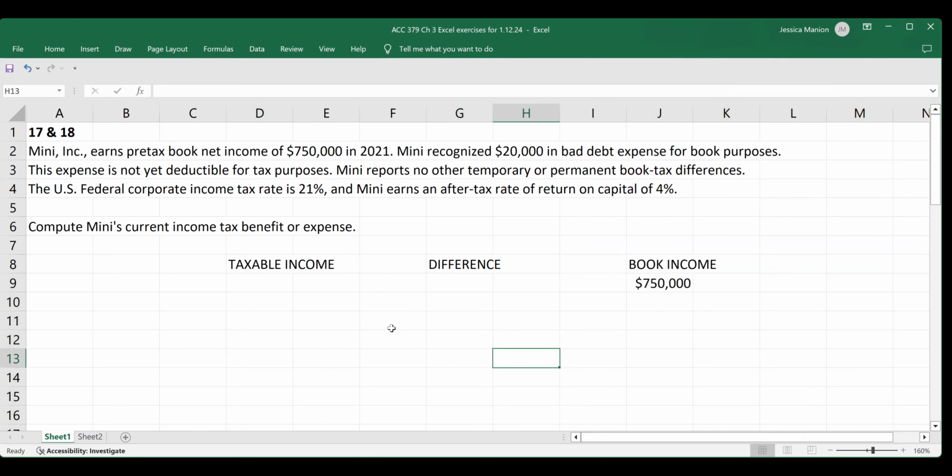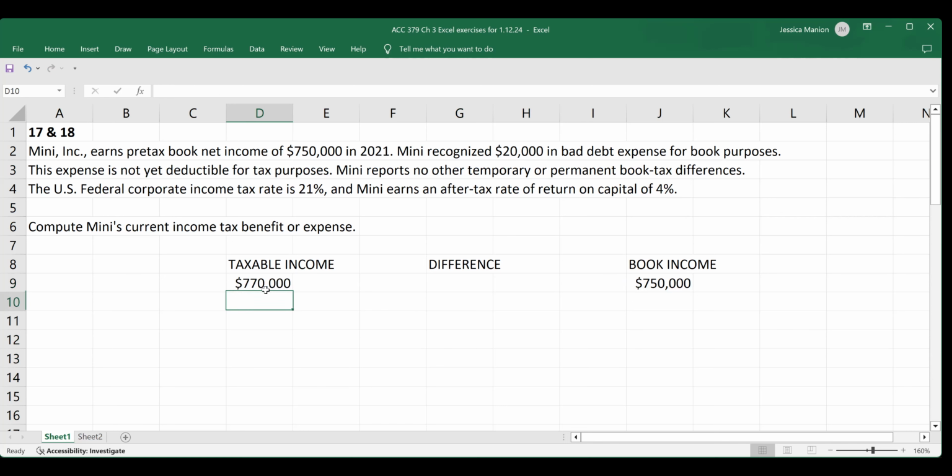And so that book income is after we recognized 20,000 in bad debt expense. Remember, when our expenses go up, our income goes down, right? So this expense is not deductible for tax purposes yet, which means our taxable income equals not only the 750,000 of book income, but we've got to add back in that non-tax deductible bad debt expense, right?